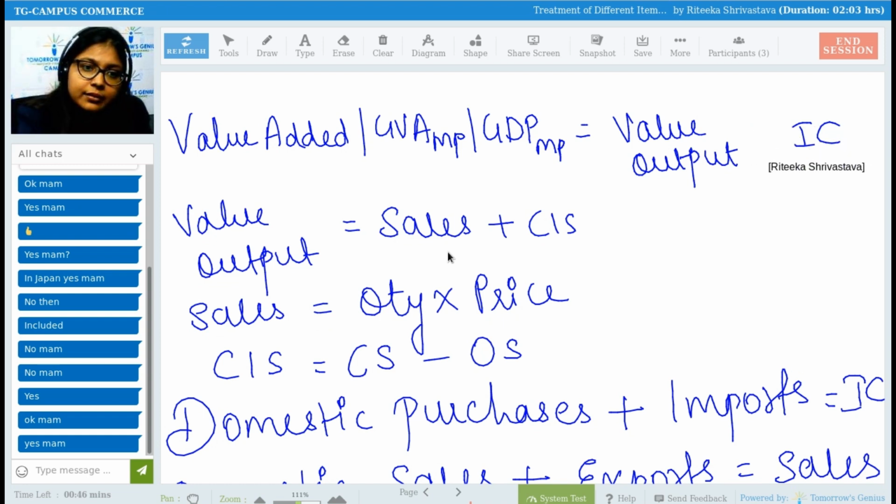Is it into? It's minus. Value of output minus intermediate consumption. Nobody corrected me. That means you all don't remember. I'll write whatever I want and you will be okay with that.